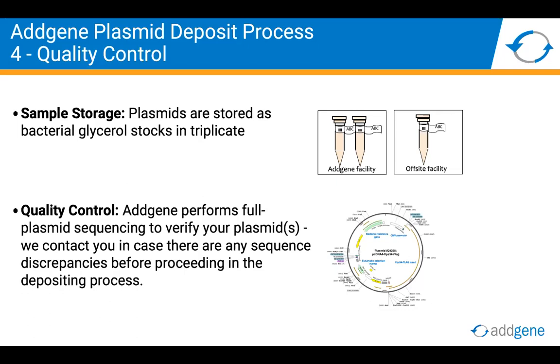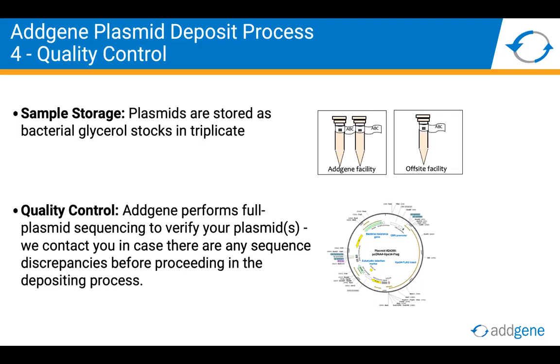Once the deposit kit has arrived back at headquarters in Watertown, we will proceed with sample storage, which includes bacterial transformations, and then storing the plasmids as bacterial glycerol stocks in triplicate. And then we also perform quality control, which involves performing full plasmid sequencing to verify these plasmids.